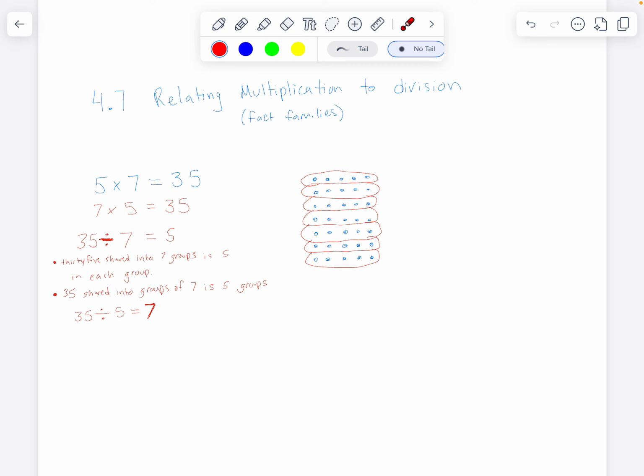So division has these different meanings, and both of these can match both of these equations. That's why we call these fact families, because they're all very much related, and we can show all 4 of these situations using this same array. It's all very much related, and that can help us when we're solving multiplication and division problems.